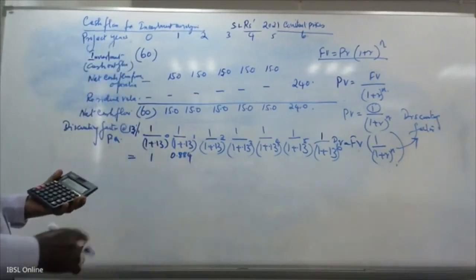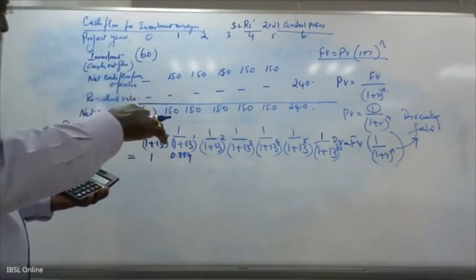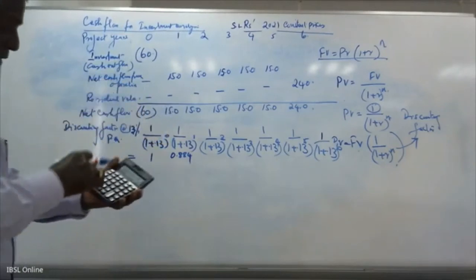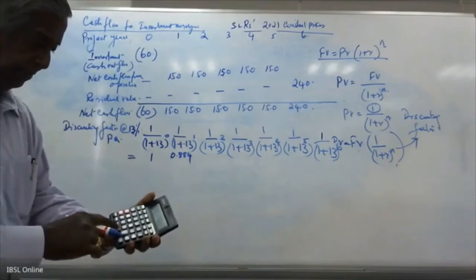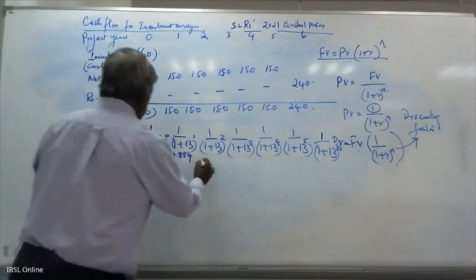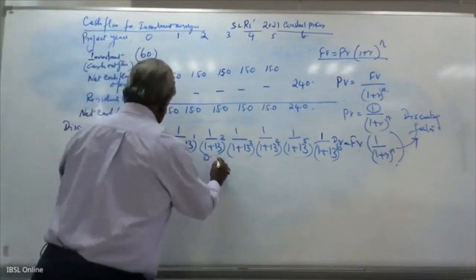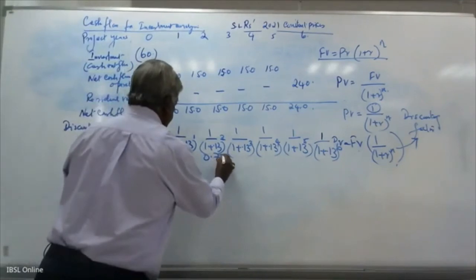Then again divided by 1.13. So you press equal sign, it is getting divided. 0.783.